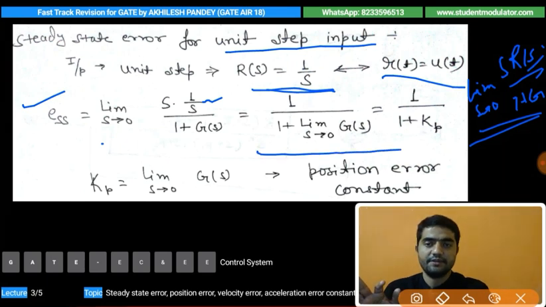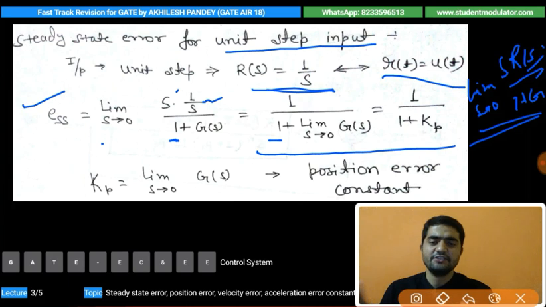So 1 by 1 plus limit s tends to 0 Gs, because when we apply the limit s tends to 0 in the entire system, the numerator will be 1, so there will be no change, so 1 is represented the same way. Again this one will be represented the same, because it is a constant, we do not have to put s anywhere. The variable is only in this part, so we apply the limit directly to this Gs.